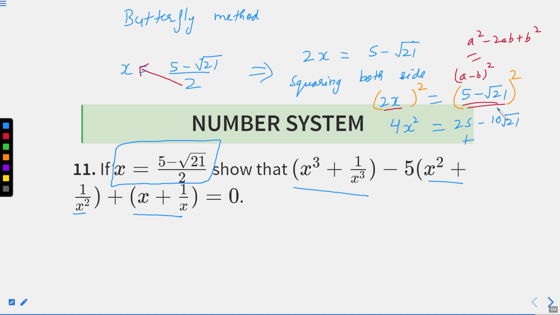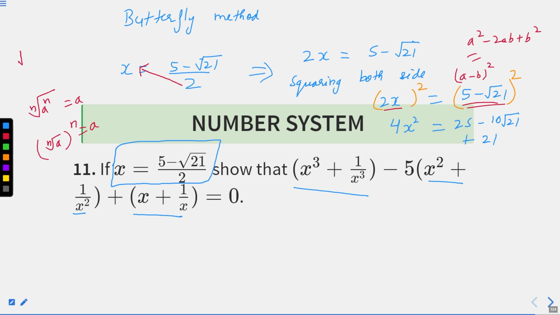Now plus the square of root 21. Root 21 square is just 21. Let me remind you that the nth root of a to the n is equal to a.